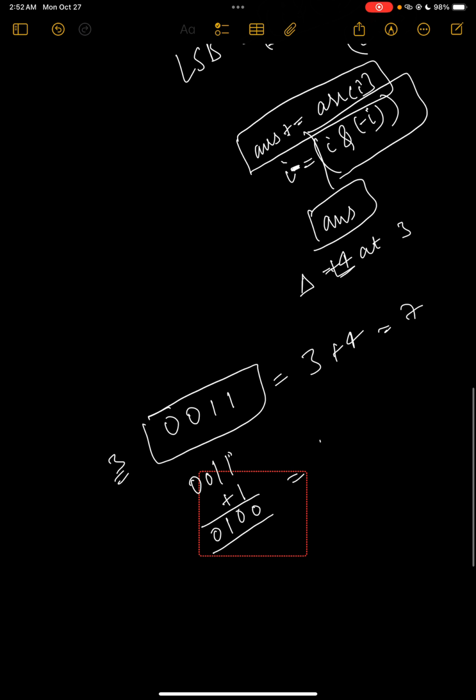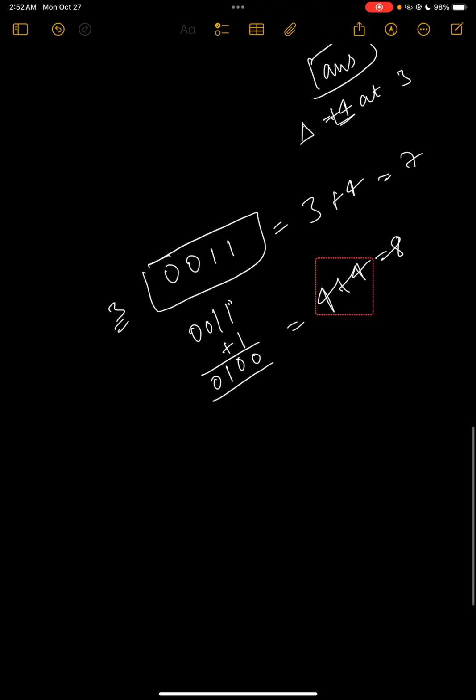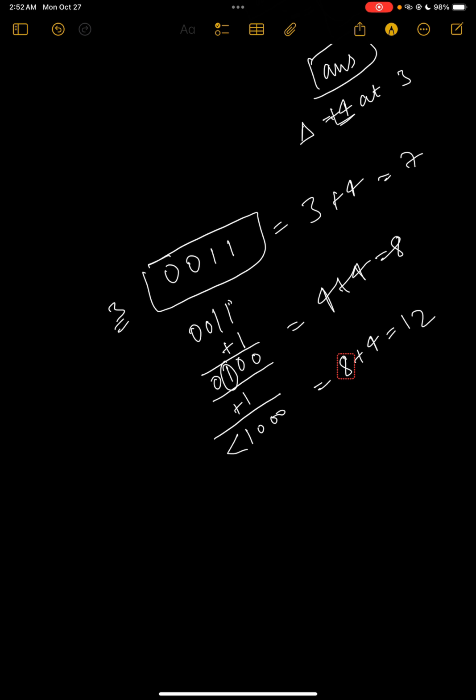It is 4, so 4 plus 4, 8. So the next index we will update is 4 plus the last set bit 100, which is 8. So at 8 it is 8 plus 4, 12. So likewise we will go until we reach the end of the array.